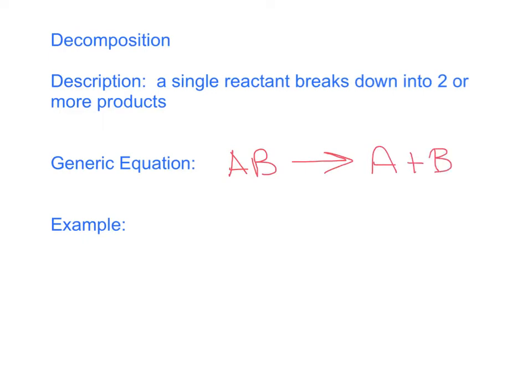So a good example for this would be hydrogen peroxide. This is why that comes in dark brown bottles, because it decomposes in light. So H2O2 decomposes into water and oxygen. And of course then you'd have to balance this. Well, let's balance it.